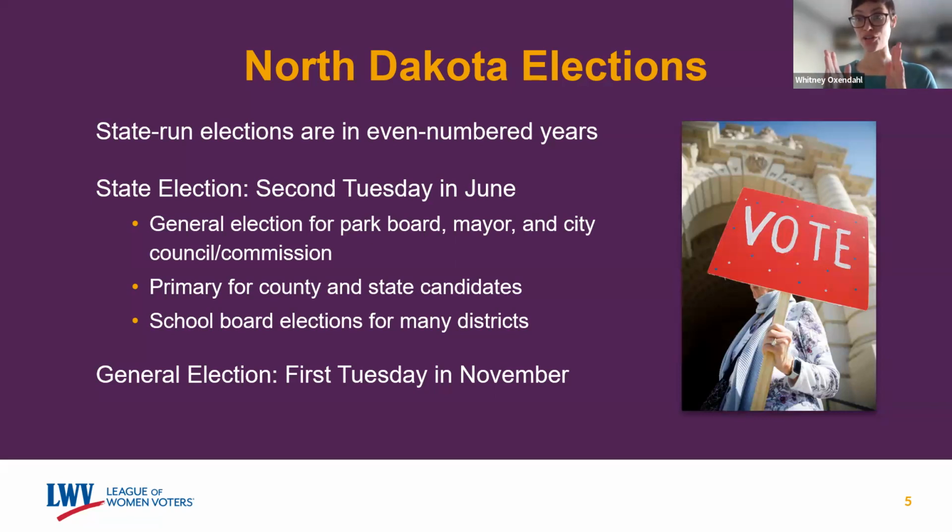So this is the only election. So it stops here. So it's a very important election to vote in and also to run in. There are over like 1,000 candidates that run in that election across the whole state. This is also the primary for county and state candidates. So the county candidates do move on to the general election that first Tuesday in November.